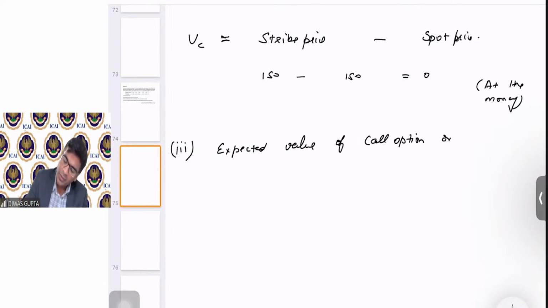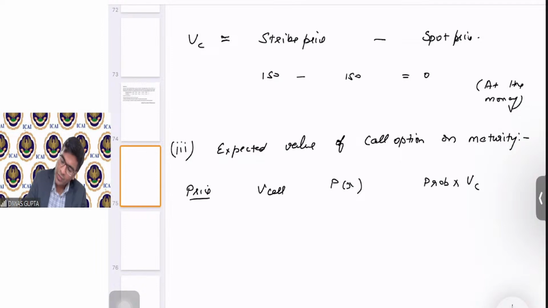Expected value of call option on maturity. We will put price, value of call option, probability, and probability multiplied by the value of call option.